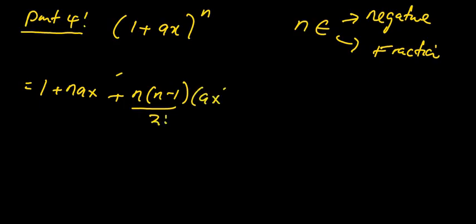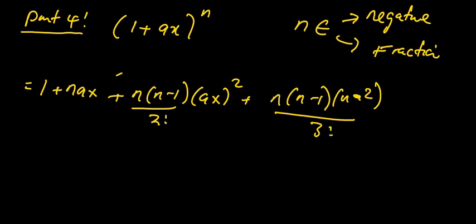This is ax squared. Then we have n(n minus 1)(n minus 2) over 3 factorial. This is ax cubed, right? That's what you get.